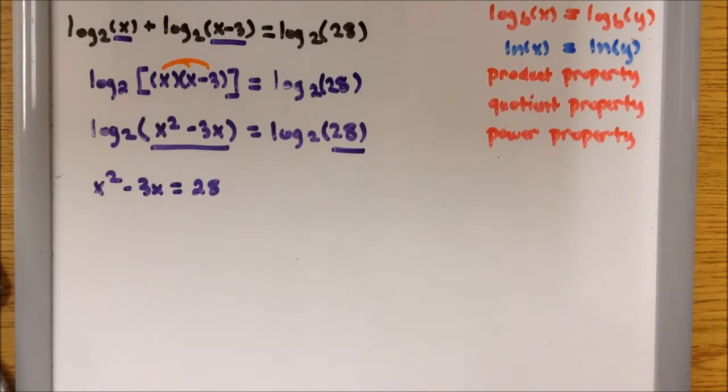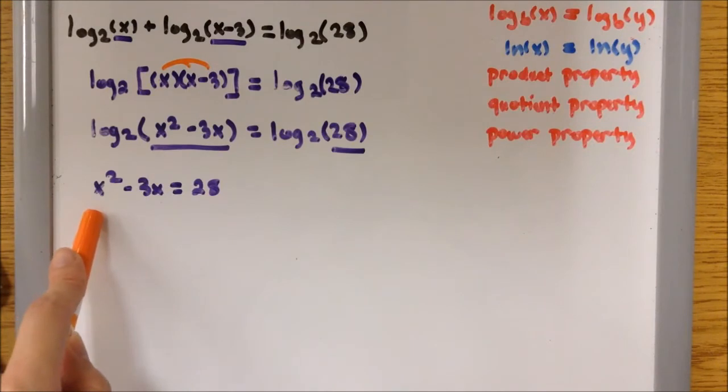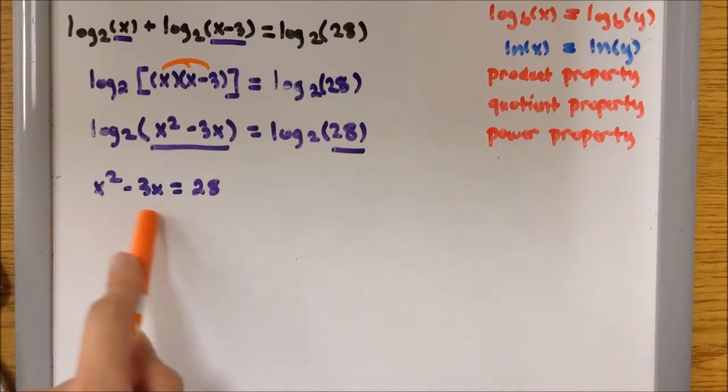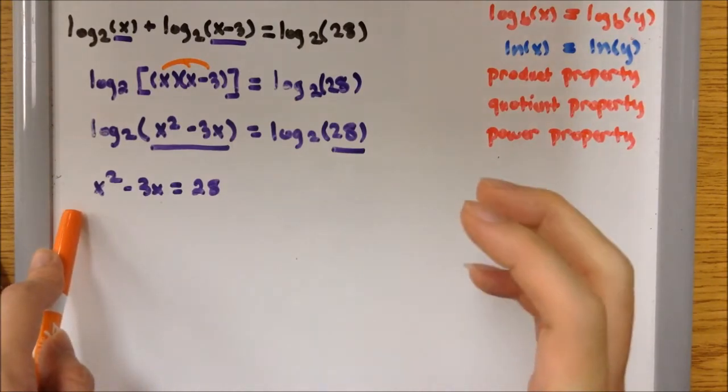So if it's on the left side, make sure everything's on the left side. If there's parts on the right side, make sure everything is on the right side. So when we're trying to have everything on one side, we always look where the x squared is located. If the x squared is positive, it's going to stay on that side. In this example, it's on the left side, so I need everything on the left side.